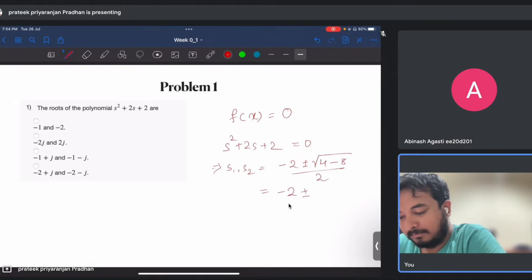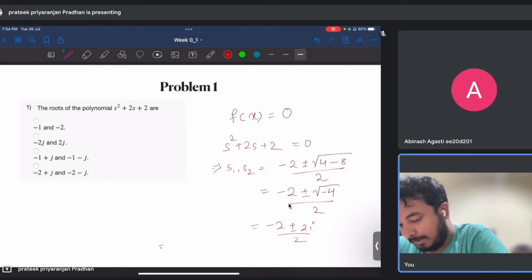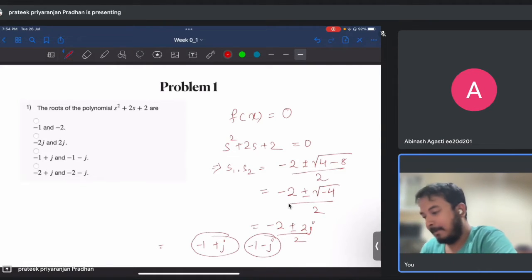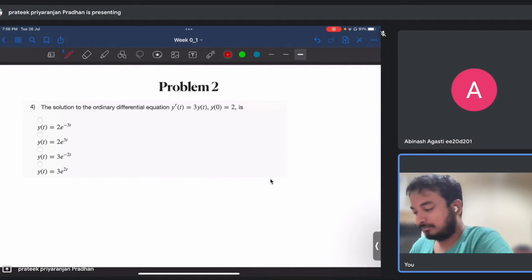Solving it, we get minus 2 plus or minus 2i divided by 2, so it will be minus 1 plus or minus j. So minus 1 plus j and minus 1 minus j are the two solutions. This is the correct answer. Simple.